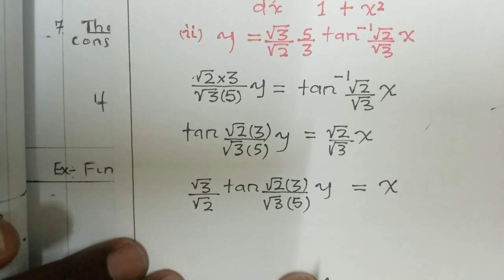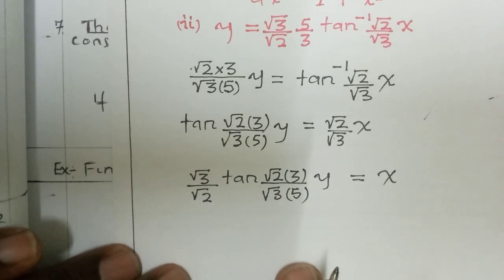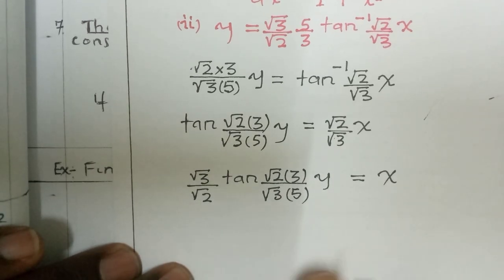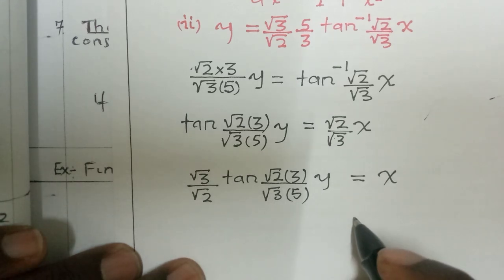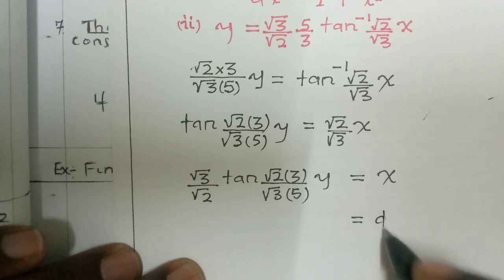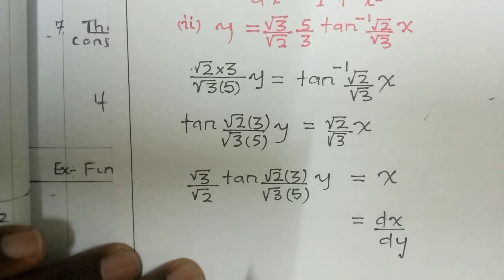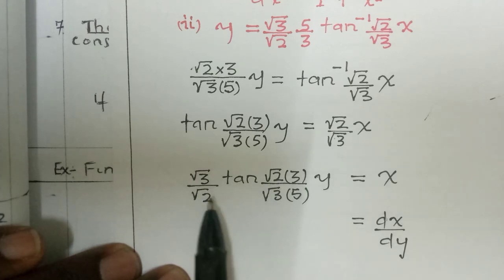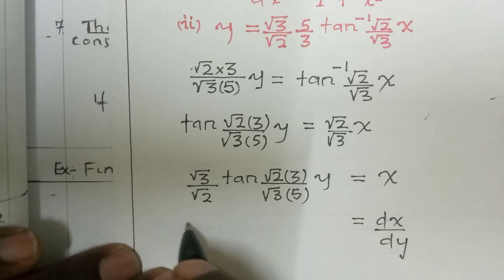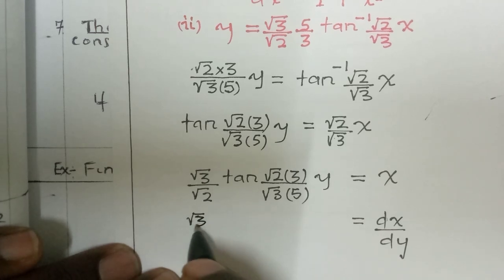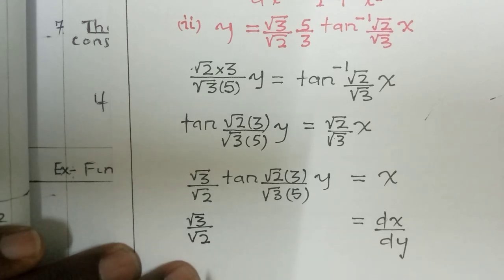So guys, now we can differentiate x with respect to y. So we shall have dx dy. We now come and differentiate this one. Here we have the constant square root of 3 over square root of 2. That is a constant, so we don't deal with that one, we leave it as it is.